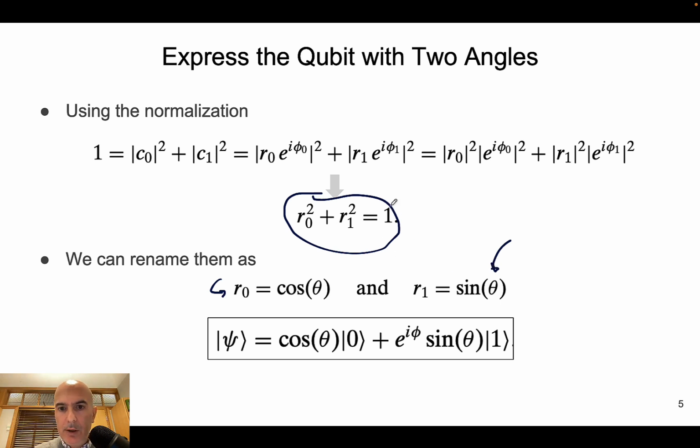Because this normalization equation holds, we can use this expression. By plugging in the original expression, we see that our quantum state psi can be expressed using the basic states 0 and 1, and only two parameters: theta, the angle we just introduced, and phi, the angle we introduced as the difference of the two phases.